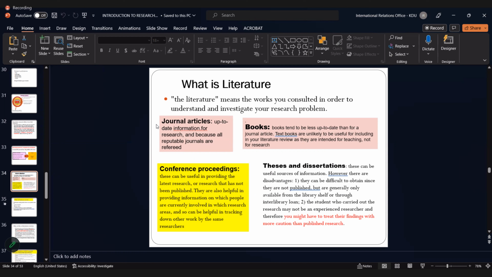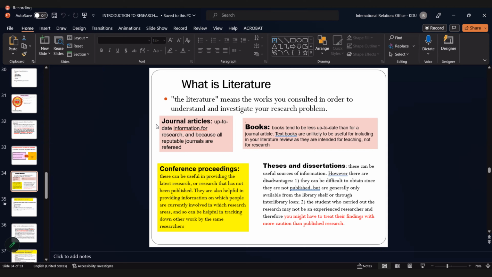But thesis, yes, okay. Now in the library, you can actually access e-journals, e-books, okay? Electronic copies. Conference proceedings. Most of the time, literature means the works you consider in order to understand and investigate your research problem.